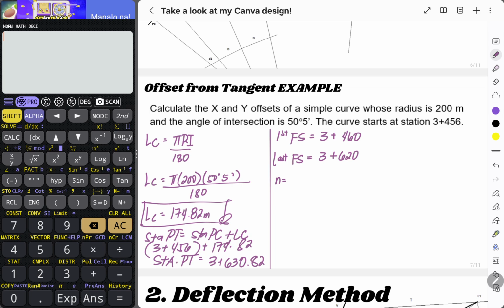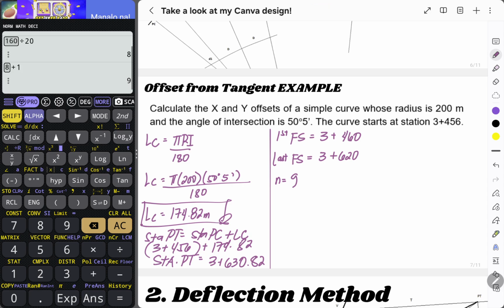So, paano natin isosolve kung ilan yung number ng stations natin? So, 3 plus 620 minus 3 plus 460, divided by 20. So, plus 1. So, our number of full station is 9.